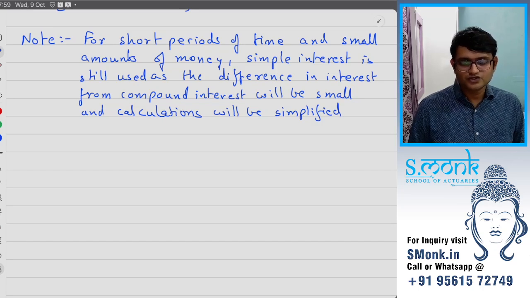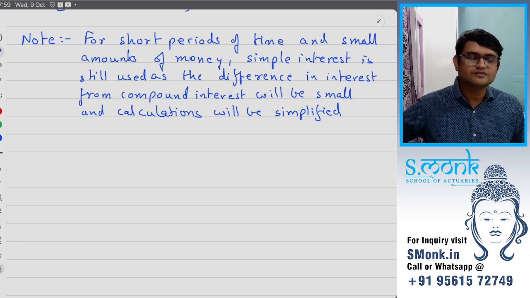For short periods of time and small amounts of money, simple interest is still used as the difference in interest from compound interest will be small and calculations will be simplified.